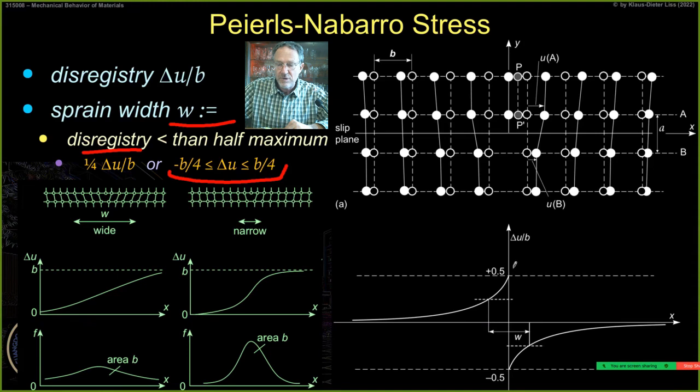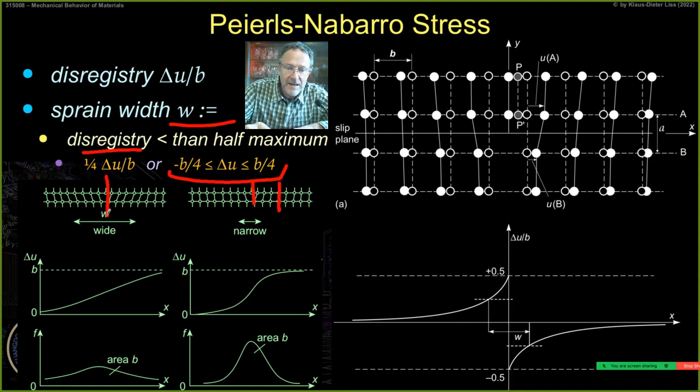And then the distribution is the width W, which we have introduced. And then we can have narrow dislocations, and we can have wide dislocations. You see, in the narrow dislocation, if here's the dislocation, I go 4 lattice planes away, I'm almost straight already.